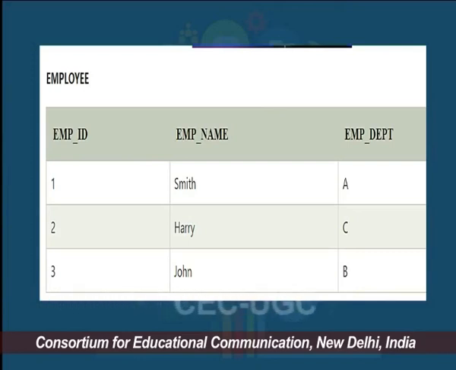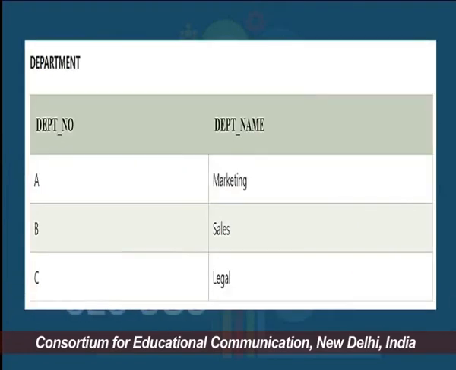So we take one whole row, which is 1 Smith A, and join it with department number and department name, which is A and marketing. Then we take the same first row and write it with B and sales, and then the same first row with C legal.